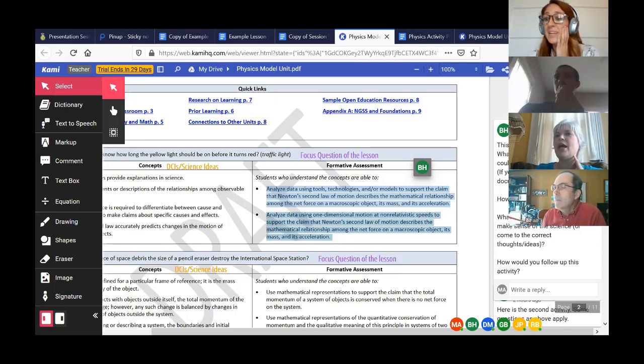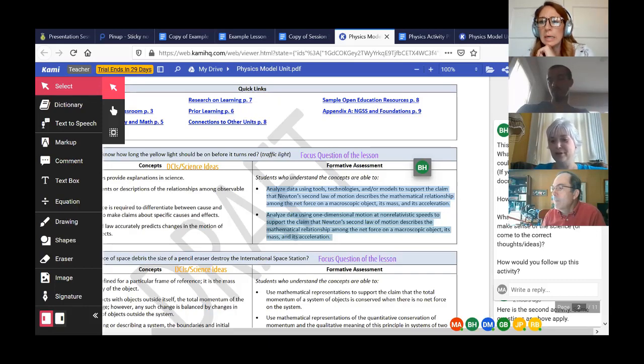Brittany, I'm having trouble getting into Cami. It's just spinning. I've never used it before. I clicked on it and it wouldn't let me do anything without signing up, and I clicked on sign up, and it's just spinning, so I can't see anything.